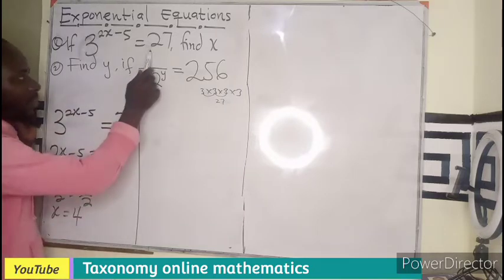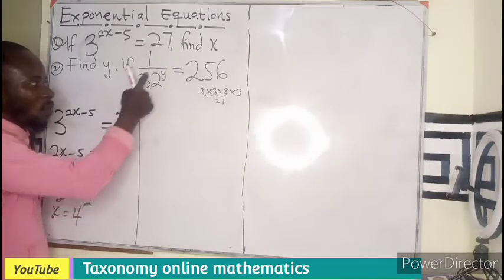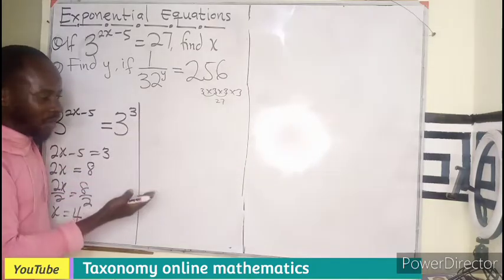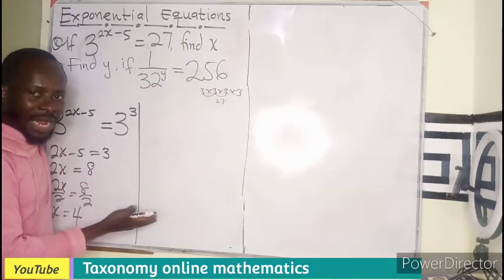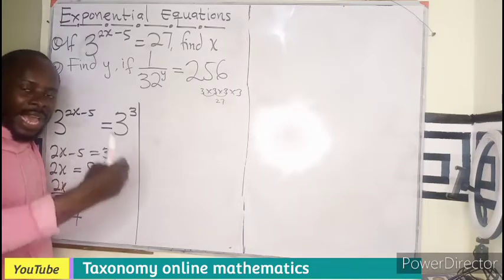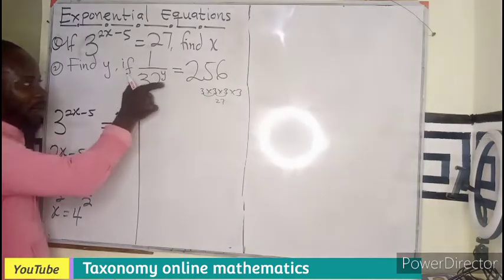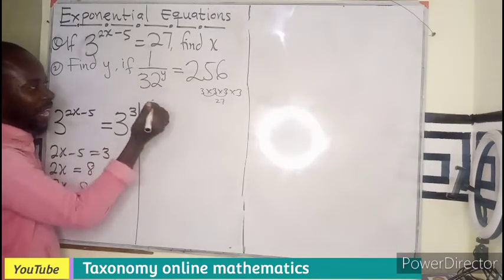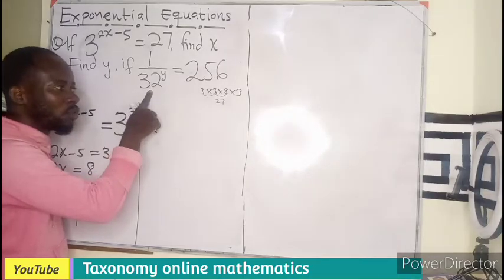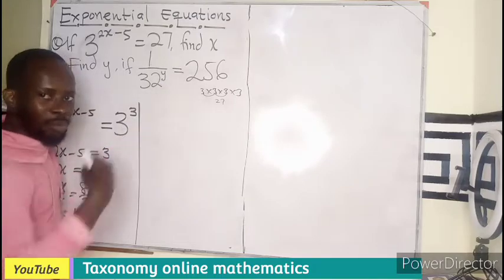Don't forget this is 1 over 32 exponent y, which is also a fraction. We are told in the second step that we are to break all the numbers into exponents and bases and equate them using the laws. There is a law, a property of reciprocal, but if I like, I have to try and see, can I break 32, 256 into equal bases?